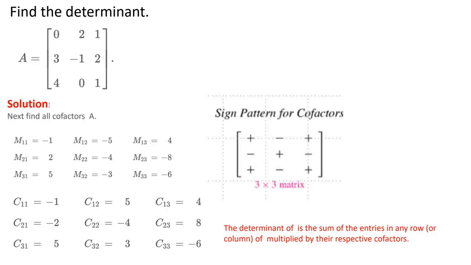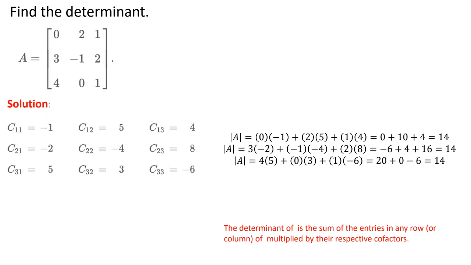So the determinant is going to be the sum of the entries in any row or column multiplied by their respective cofactors. For example, if we look at the first row, we have 0 times the first cofactor, -1.